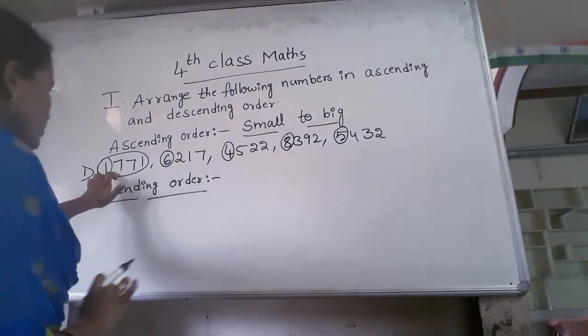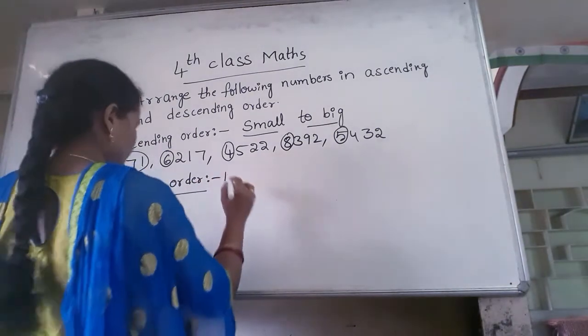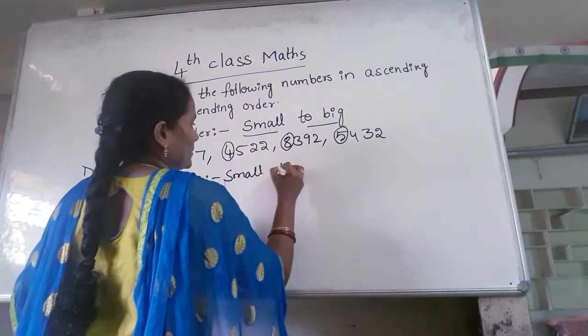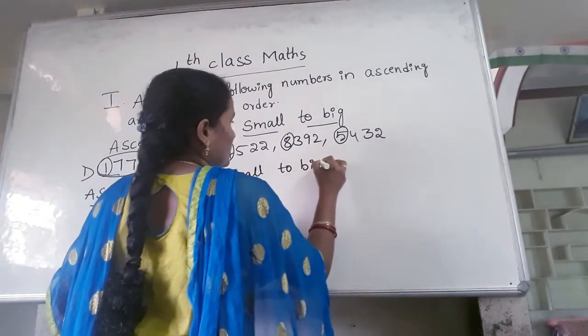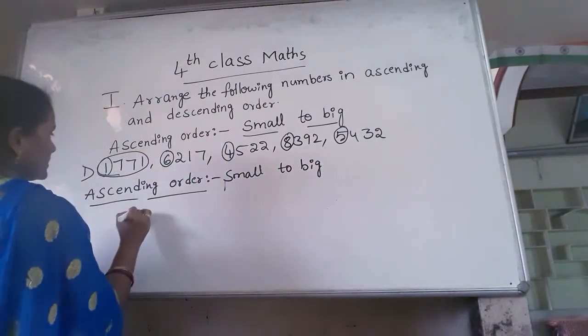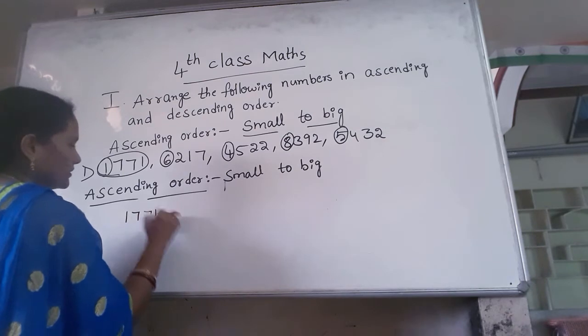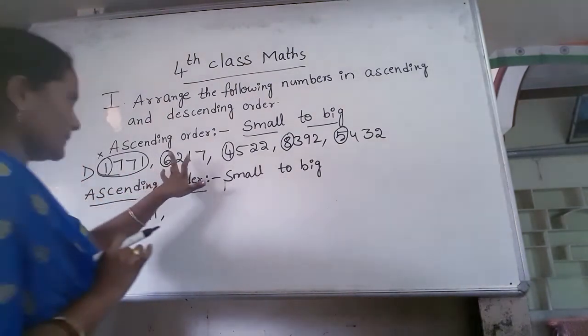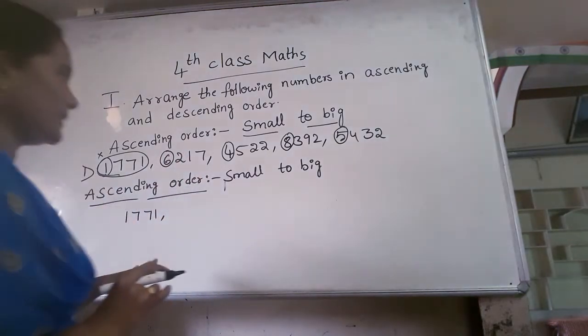So first you write 1771. Write down small to big. What is our first small number? 1771. Now this is over. Now next check it. Which one is the small number?